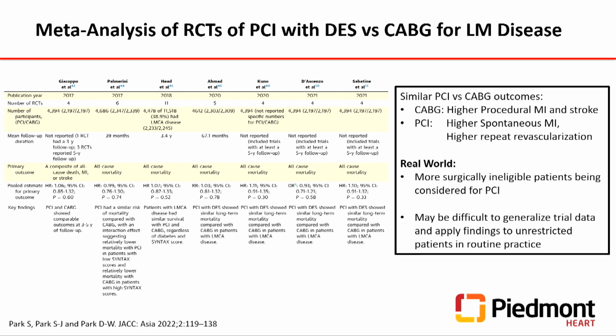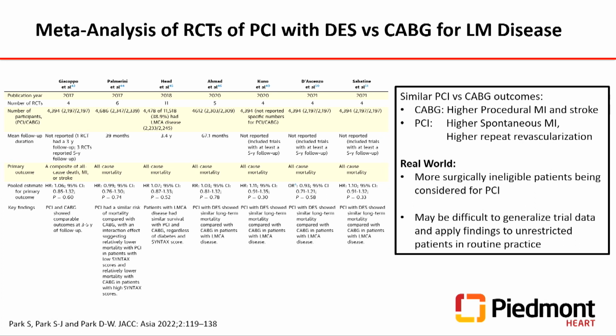But we're now in the era of more recent trial data for left main PCI versus CABG. And of course, NOBLE and EXCEL were the most recent studies. Looking at this data in aggregate and looking at the meta-analyses of these studies, the summary of this information is as follows.